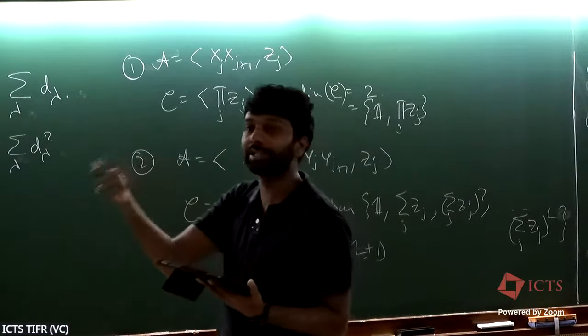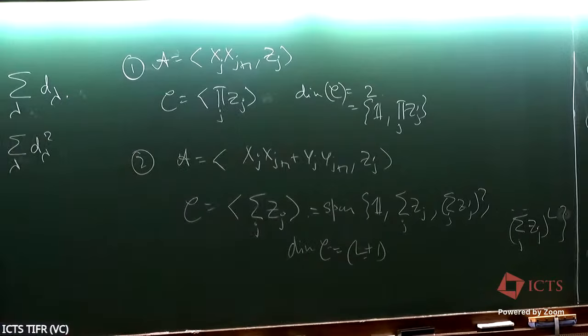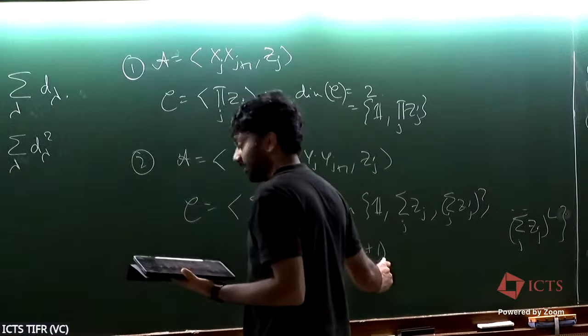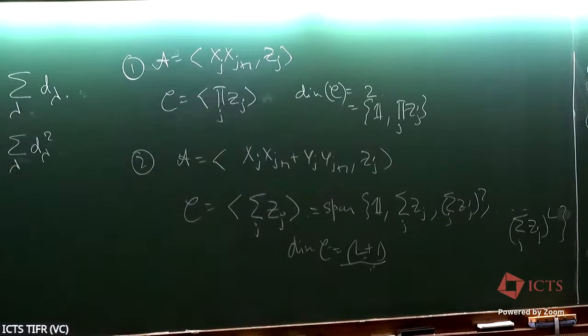Your spin can take values from minus L over 2 to L over 2, and you count them. It's basically the dimension of the commutant. Okay.